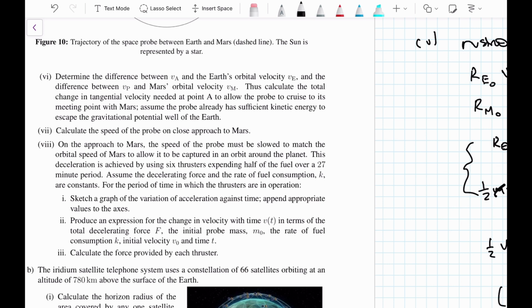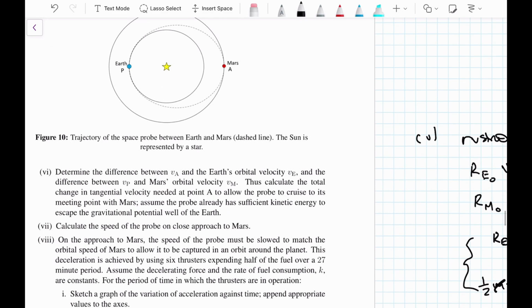Well, the close approach to Mars basically means that at point A, right? So we want to calculate the speed of the probe close to Mars. Then that is, I think, basically just VA, right? Yeah, that's basically just VA, unless I'm missing something.